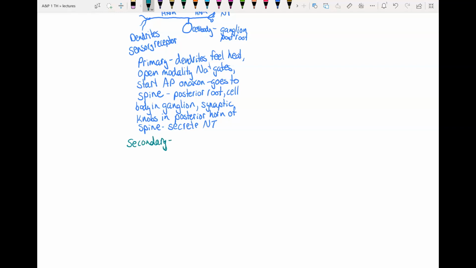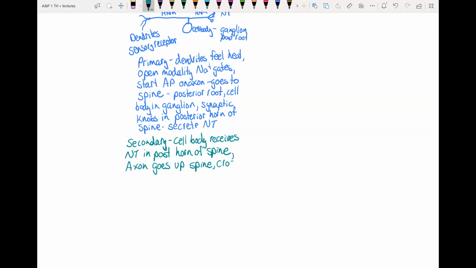So our secondary, the cell body receives neurotransmitter in the posterior horn of the spine. Then the axon goes up the spine.